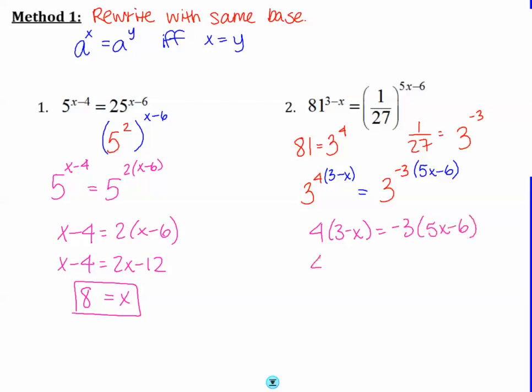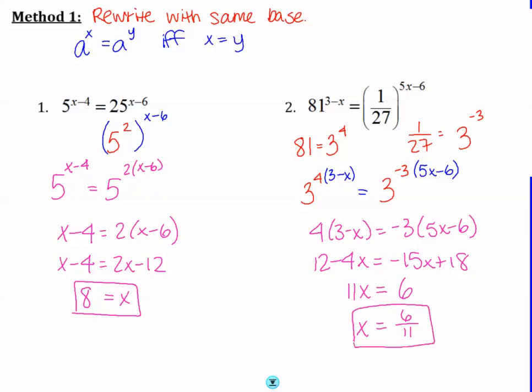So I distribute. Then I can move my x's to one side and my numbers to the other. And I end up with x equals 6 over 11. And that's okay. X can be a fraction.